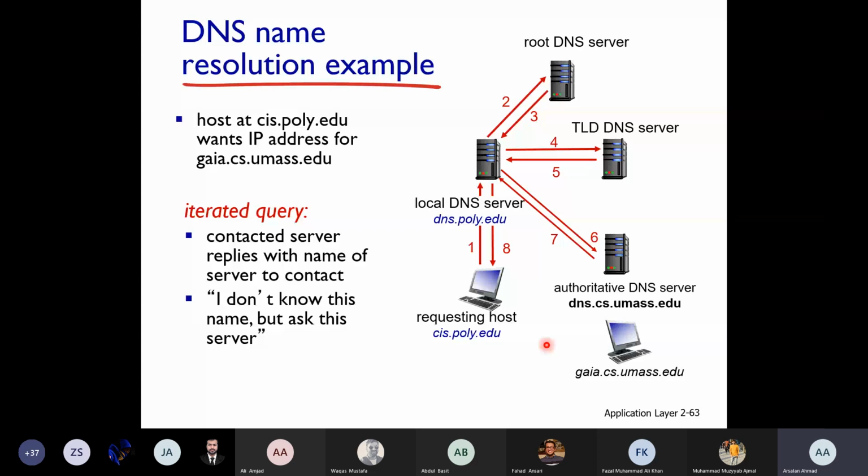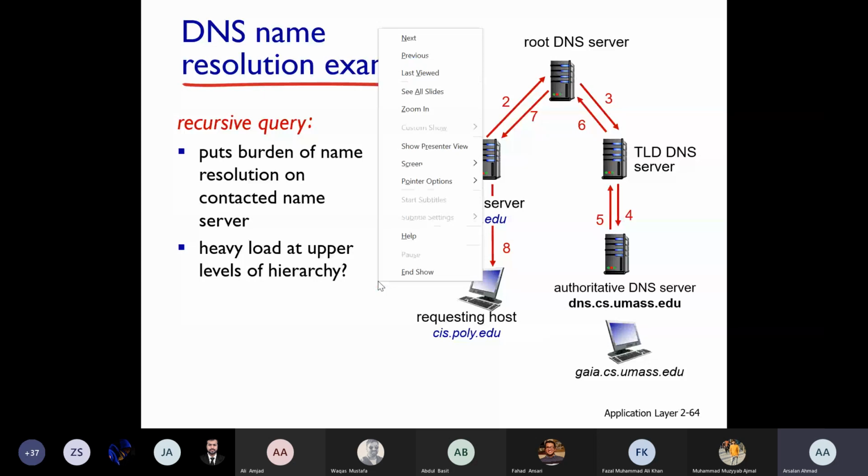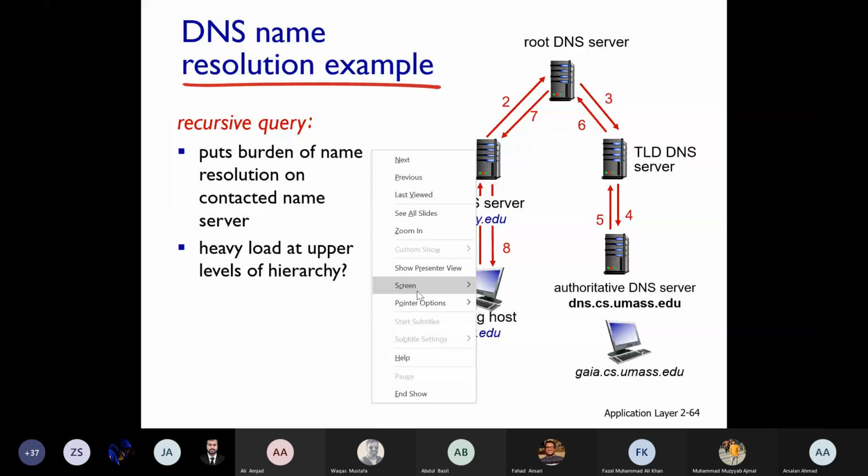In the case where the query resolution is done in a recursive way like this, and let's say sys.poly.edu requests this DNS that I want to go to ee.umass.edu. There is a host over here. You're following that, right? Should I draw it? You're following what I'm saying, right?